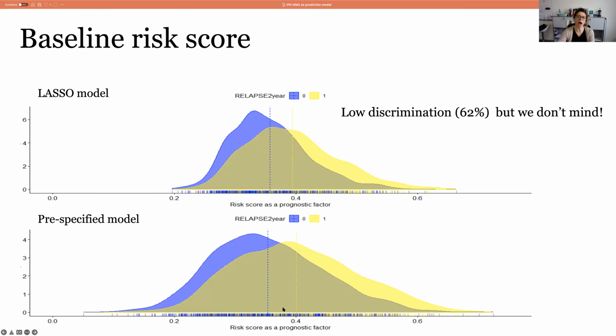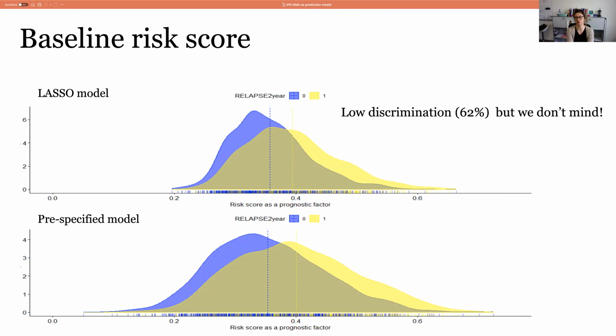Up top we see the two distributions for the Lasso model and the pre-specified model below, and we see that the discrimination is quite low. The two distributions overlap quite a lot, and the discrimination is on average 62% for both cases after adjusting for optimism.